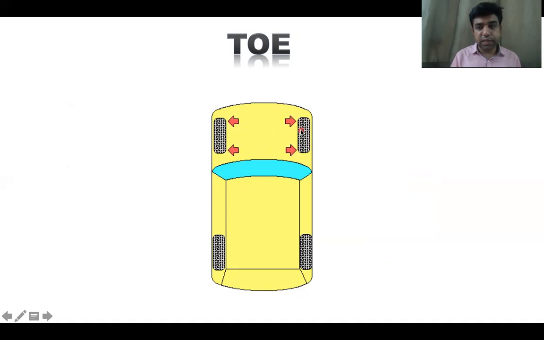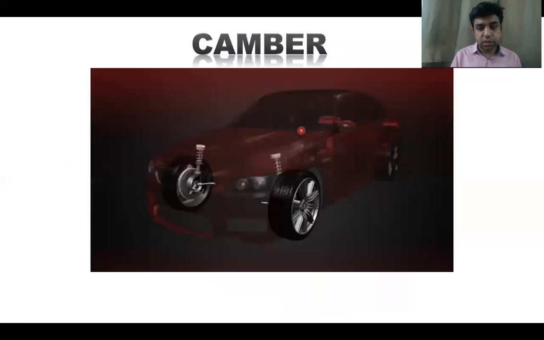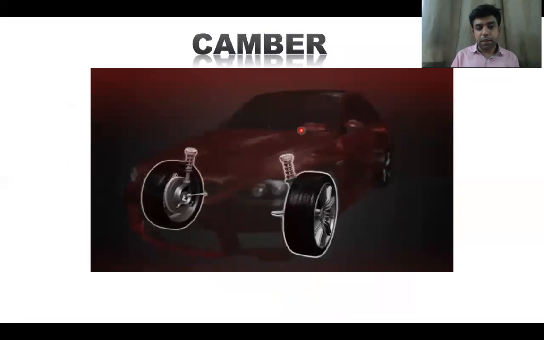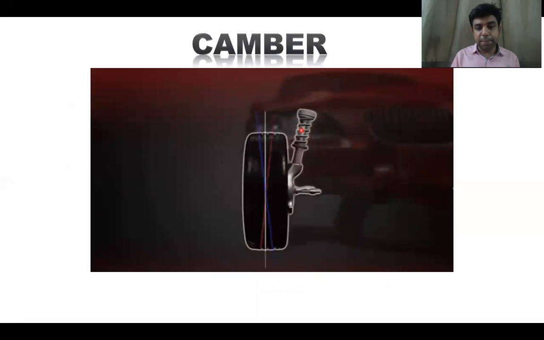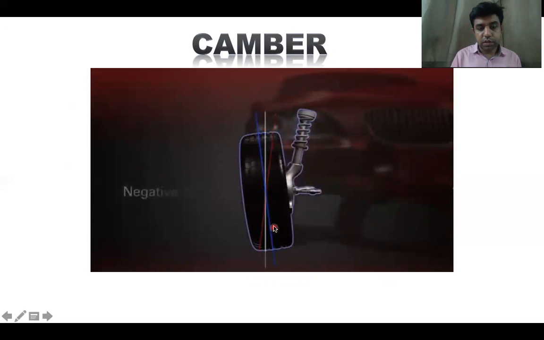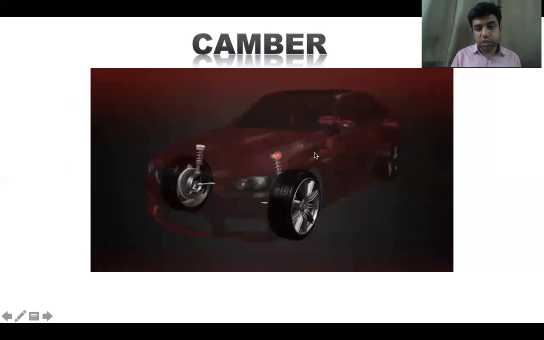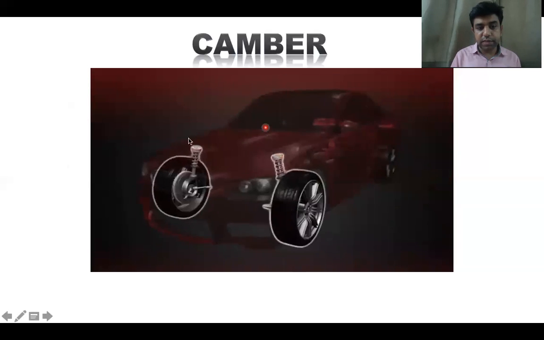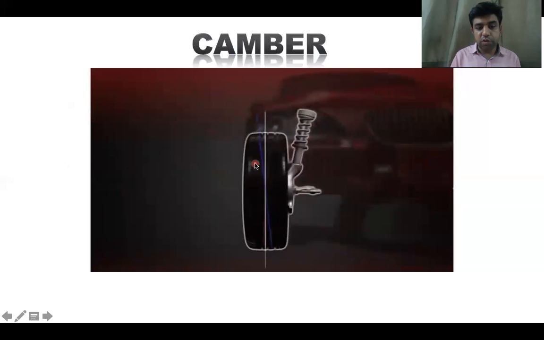You need to set this by adjusting the lower arm. With the help of a spanner, you can set this toe. Second, you need to adjust the camber. If you take the front view of the wheel, then from the center axis of the wheel, if the wheel axis is tilted towards the inner side, it is considered negative, and if it is tilted towards the outward side, it is considered positive camber.